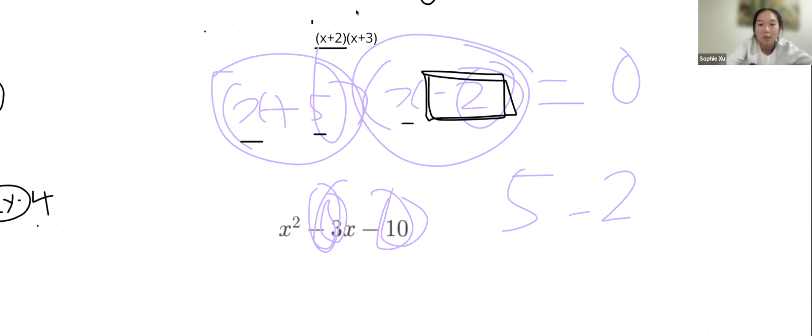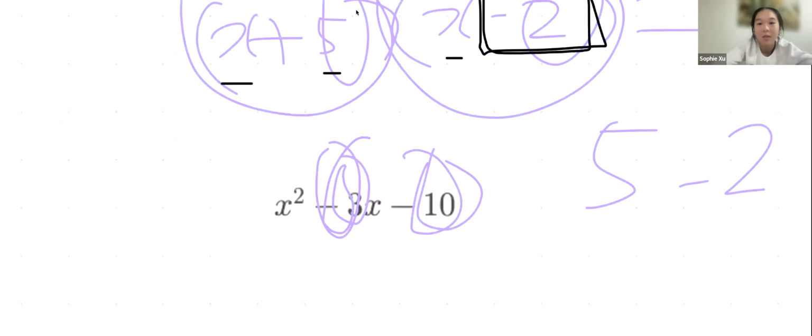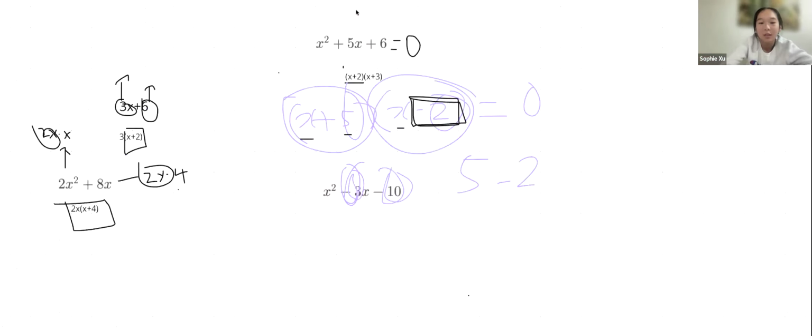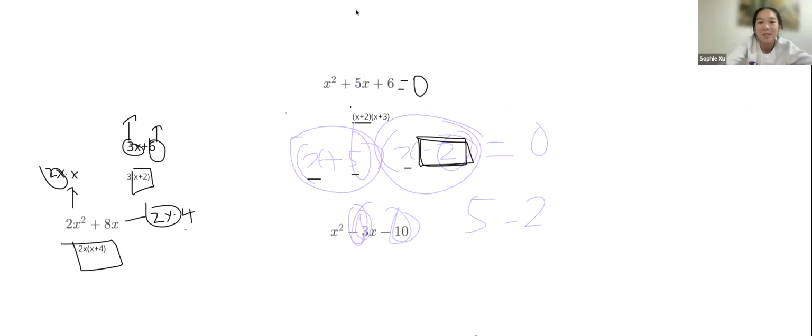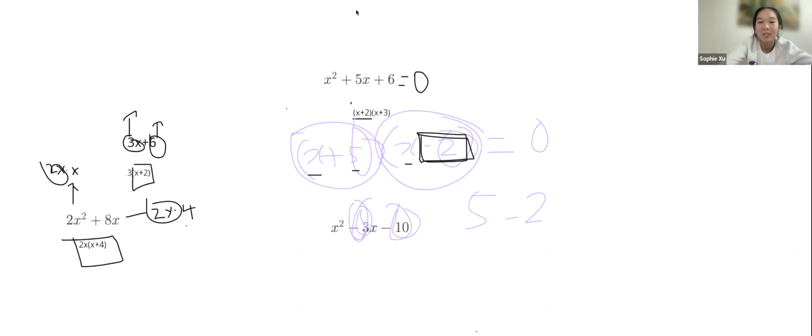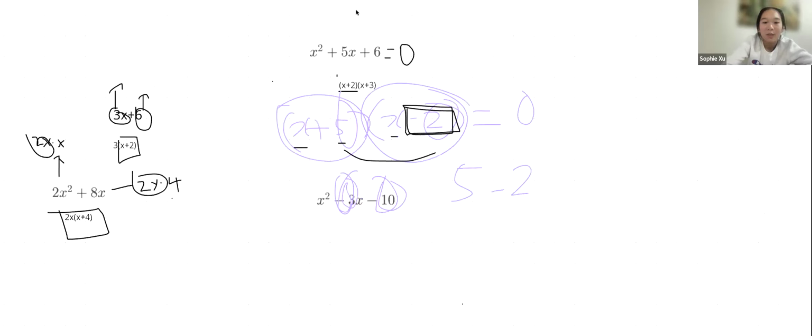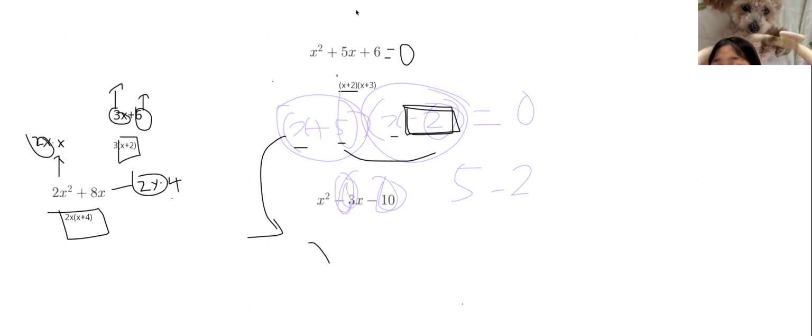So that makes... wait, hold up. This is -3. Yeah, sorry, it's -3. It's not +3. So that's actually wrong, because we realize that this expanded would actually make x squared plus 3x minus 10.